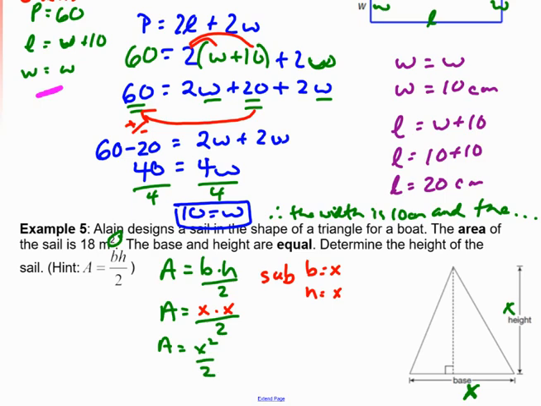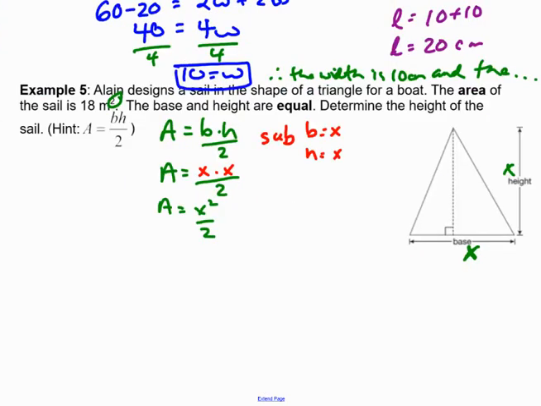Now we need to get the x's on their own. So your choice, whether you want to substitute right in or isolate the x. So we could isolate the x. Well, what's happening here? The x squared is being divided. So the first thing I want to do is maybe multiply both sides by 2. Well, that's going to eliminate and eliminate.